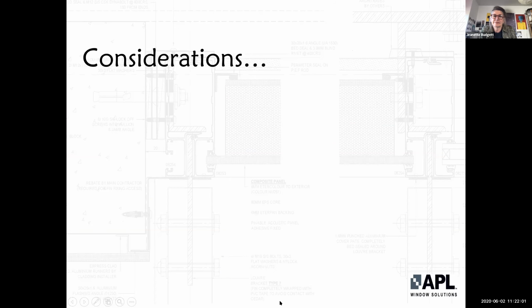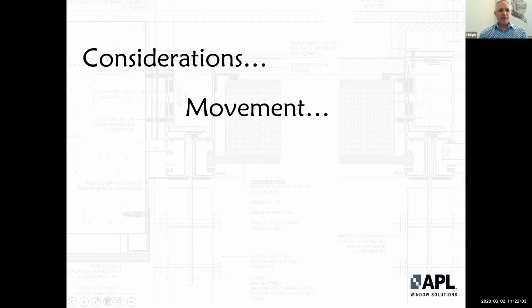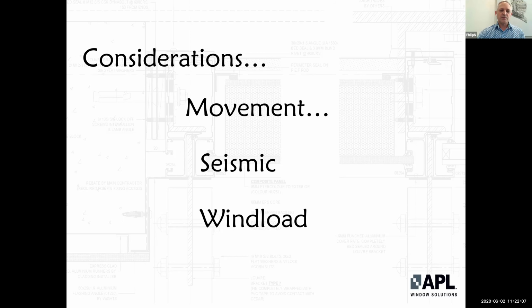So, when you're designing a facade system, the considerations are movement. We've broken that down into two sections. There's actually a third one, which I won't really talk about today, and that's thermal. But the other two, the major ones, are seismic and wind load, because that's where you get most of the movement in a glazed facade.